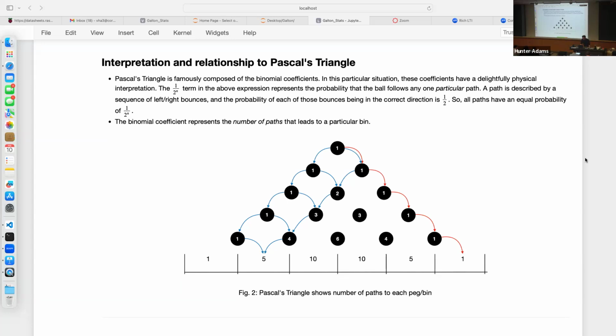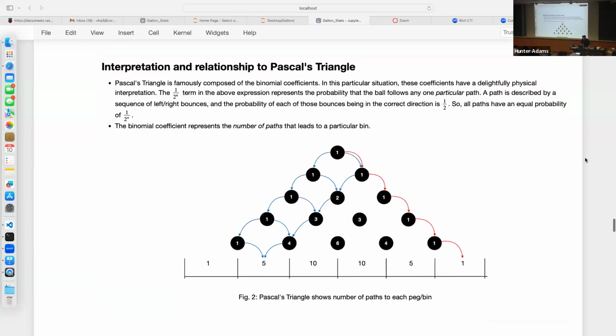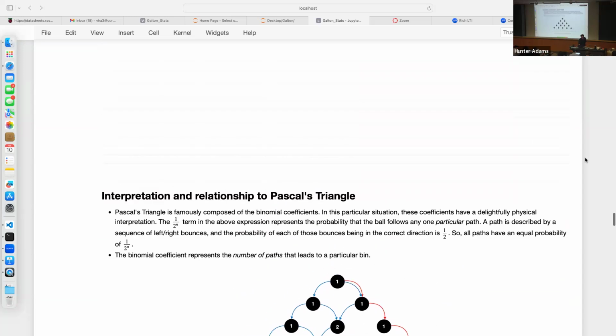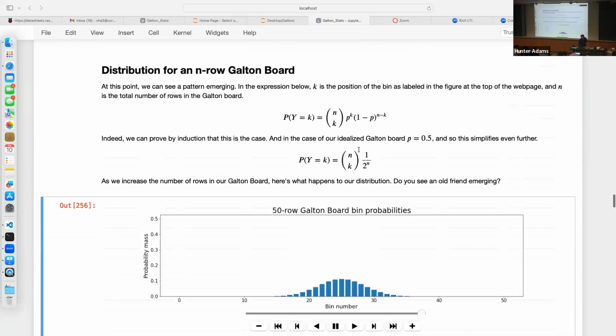And every one of those paths has an equal probability of occurring, right? Every path is described by a series of left-right decisions. So you have a 1/2 chance of going that way, 1/2 chance of going this way. The chance of any particular path would be 1/2 to the n. That is, in fact, this term up here. It's 1/2 to the n.